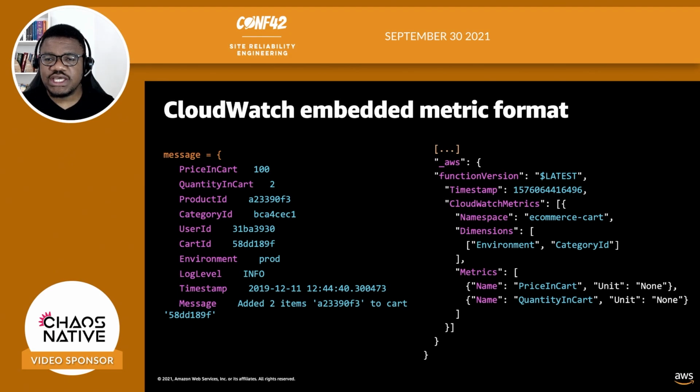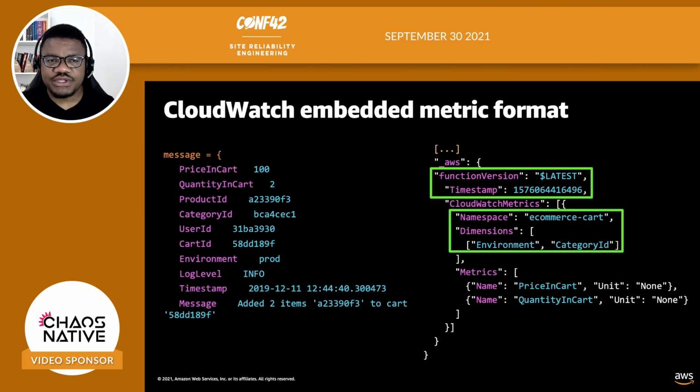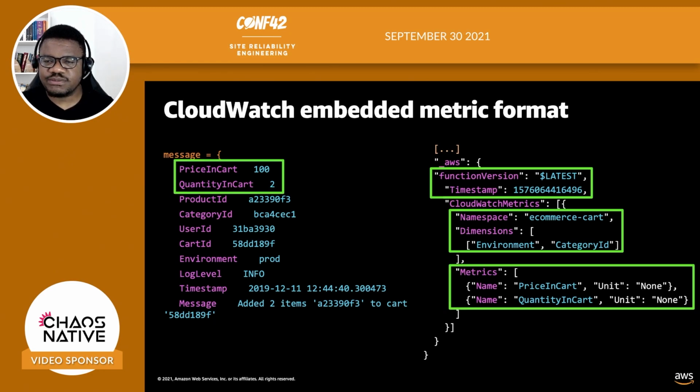So you can see the details about the Lambda function, and you can also see the namespace and dimension to help organize the CloudWatch metrics. And then you see the metric detail, which in this case is price and quantity, which can be passed via the event payload as well. This will be sent into CloudWatch and the metrics will be extracted, and you'll be able to visualize these metrics within your various dashboards.